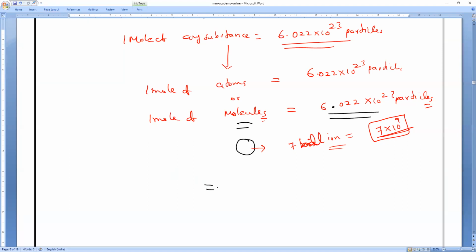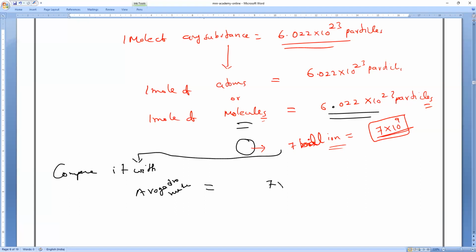So if I compare the 7 billion population with the Avogadro number, imagine how small it is. That is 7 into 10 power 9 divided by 6.022 into 10 power 23.